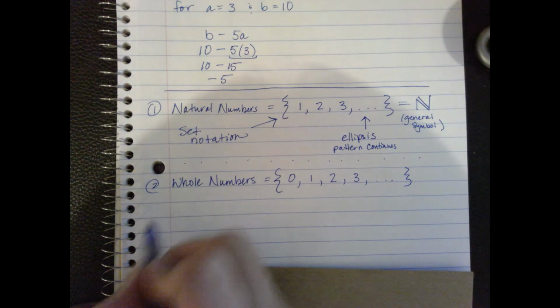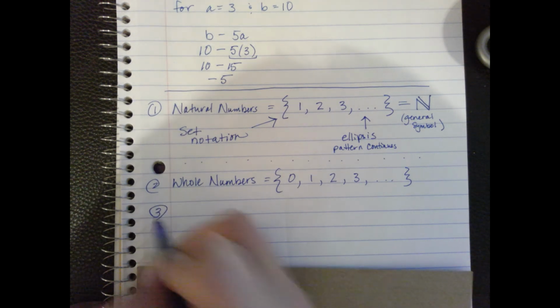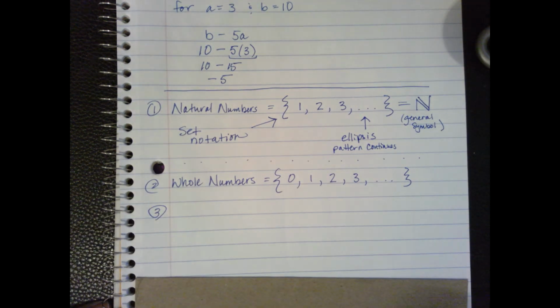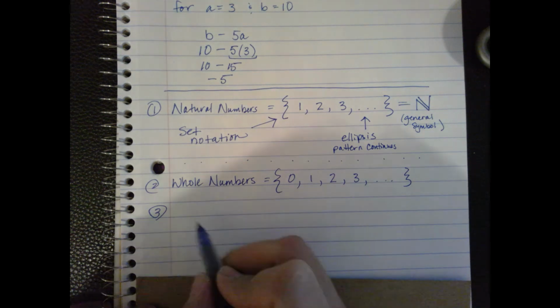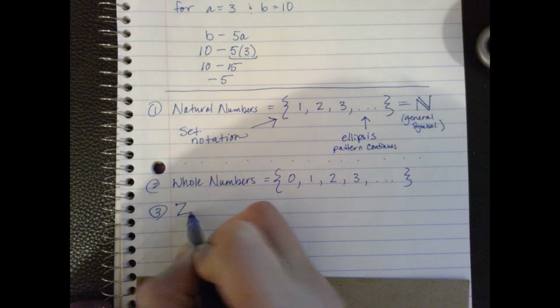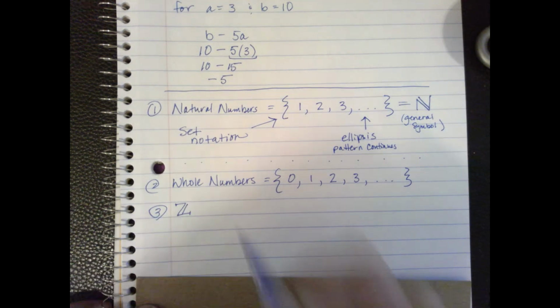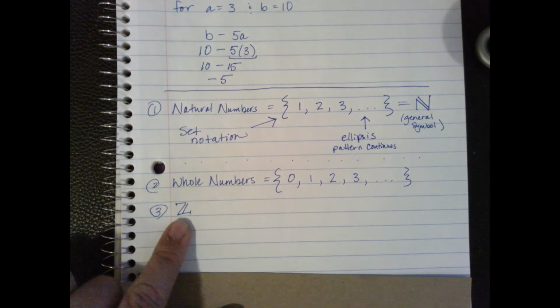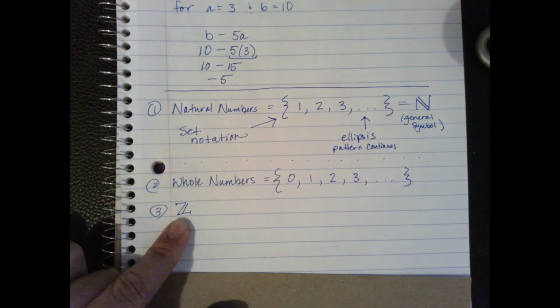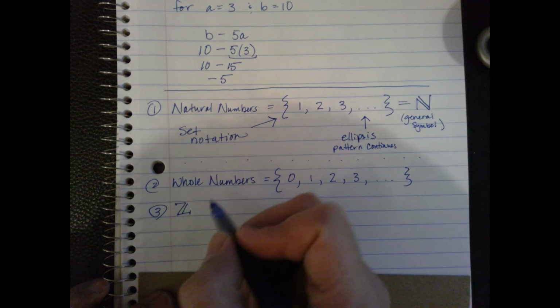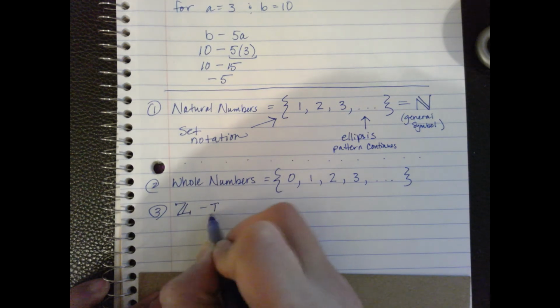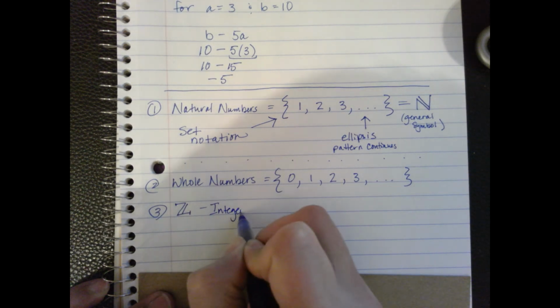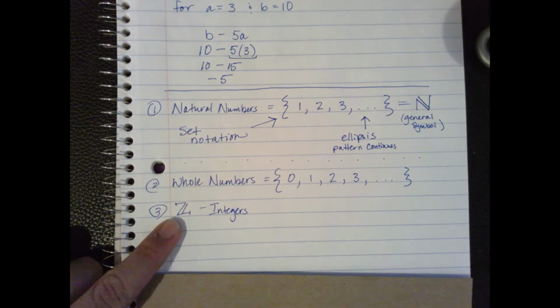So the third set of numbers that we're going to talk about are the integers. So oddly enough, the integers have a general symbol, and it is a double struck Z. So the integers. We'll use this a lot.